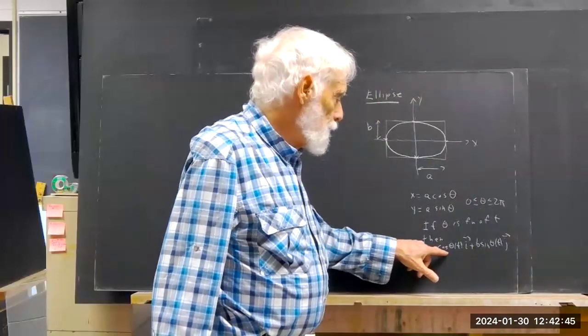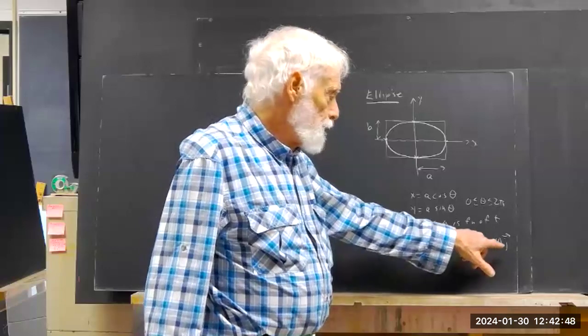You could write R equals A cosine of theta of T times I plus B sine theta of T times J.